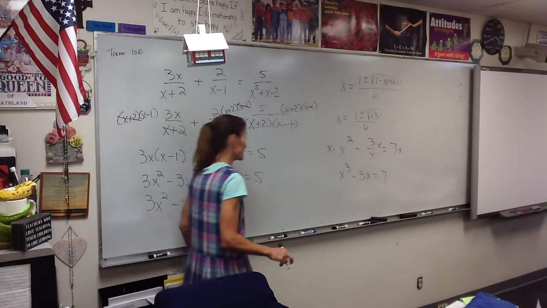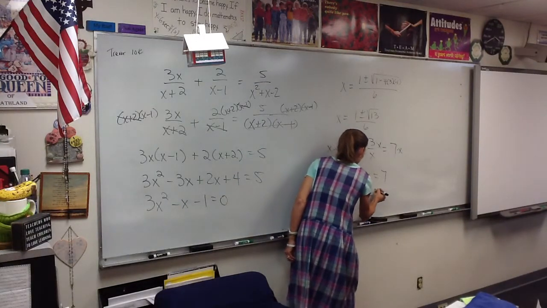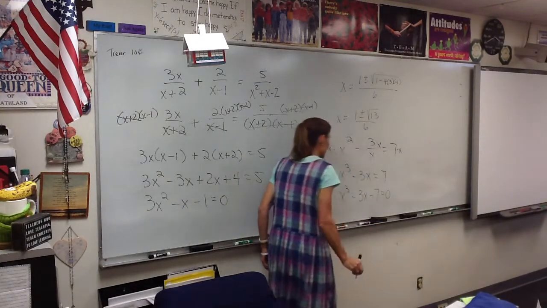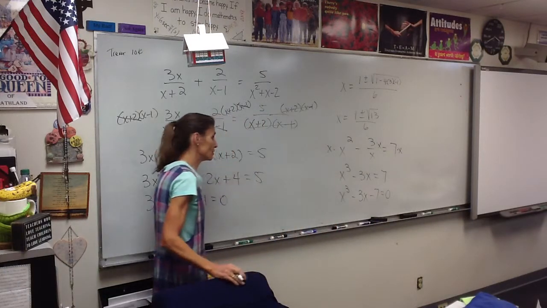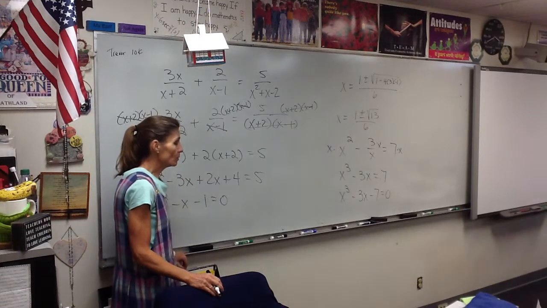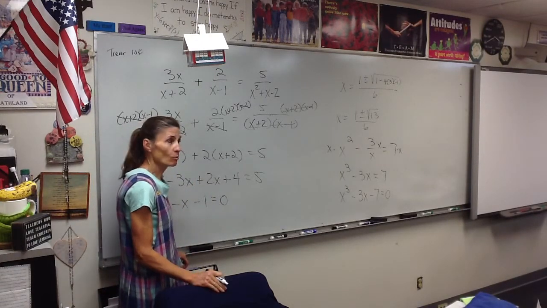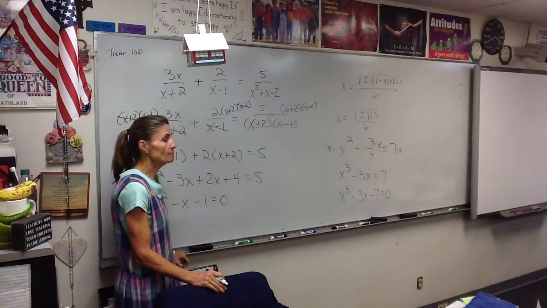We're still going to want to get it set equal to 0. On your test, you guys had something like this, and some of you chose to use the quadratic formula, which of course didn't work, it's not quadratic.